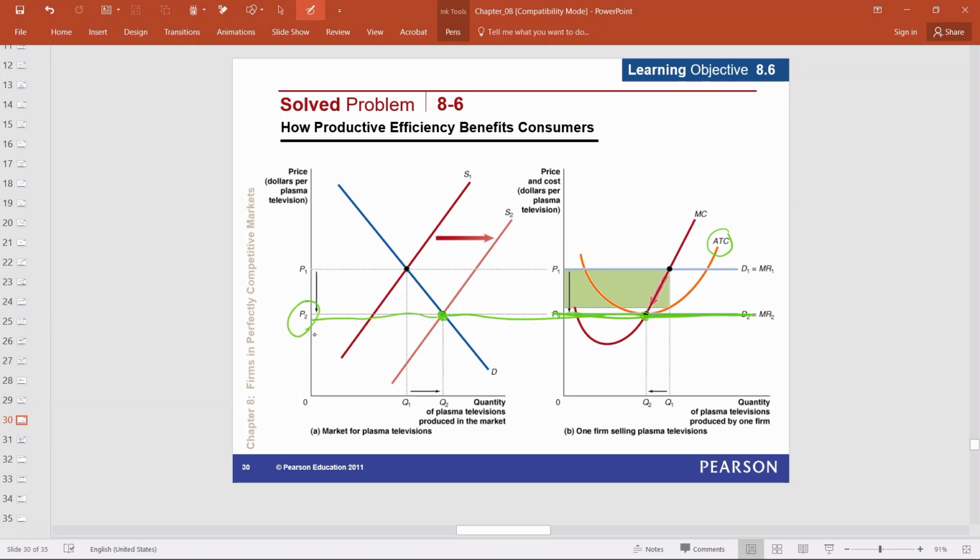This price is the price that achieves productive efficiency, and this quantity achieves productive efficiency. Why? Because prices are at a level where production is at the lowest possible cost level.